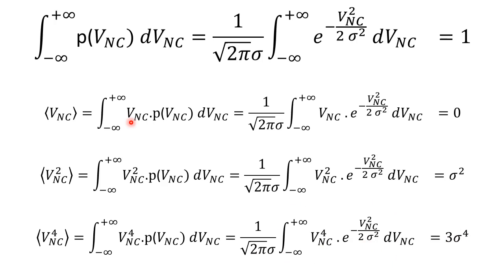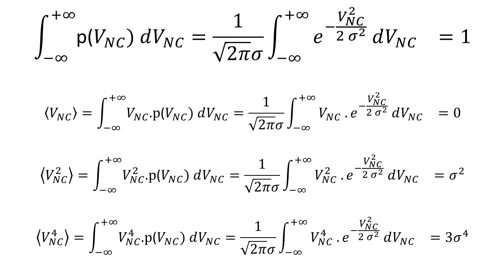So these are some relationships and some averages that we will use, but you should be able to do these. Let me just mention that this is what is called the first moment of the random variable. This is the second moment. Then you have the third moment that we have not calculated or shown here, but the fourth moment is this.